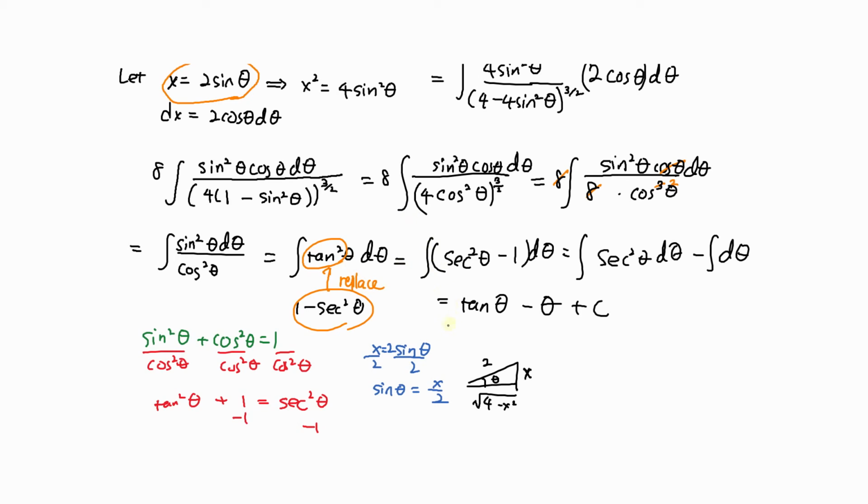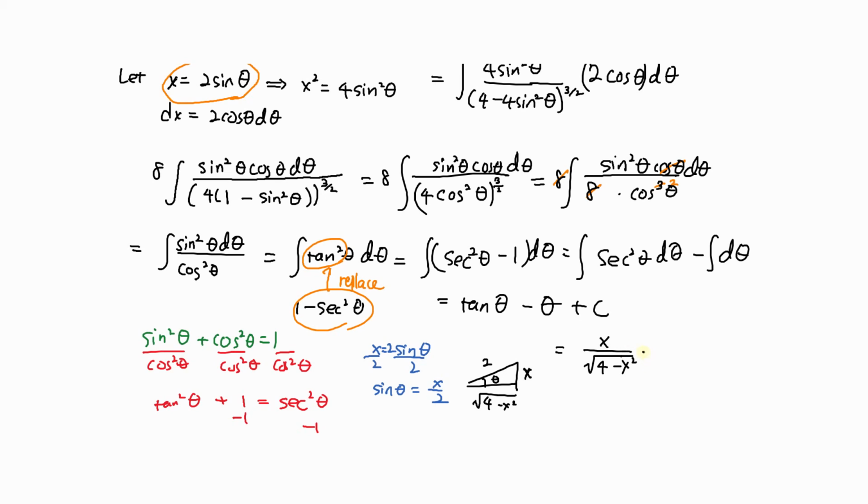Now I have tangent theta, which is the opposite over adjacent, so it simply becomes x over radical 4 minus x squared.